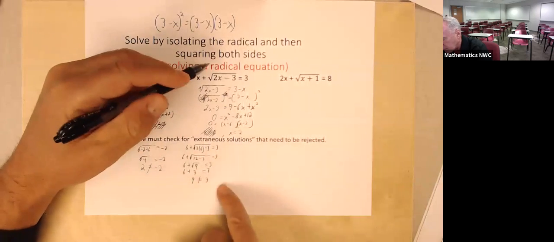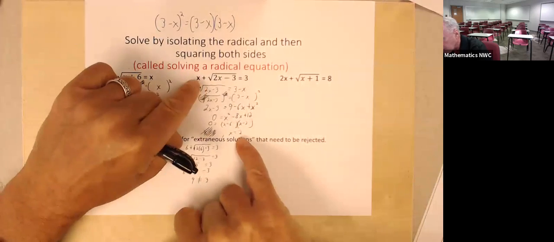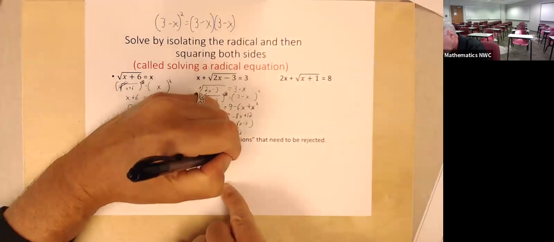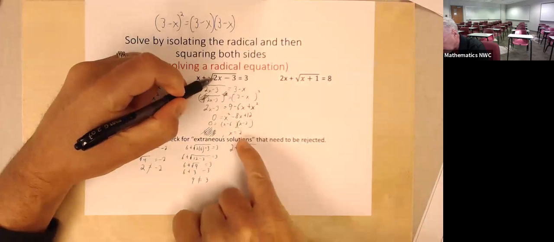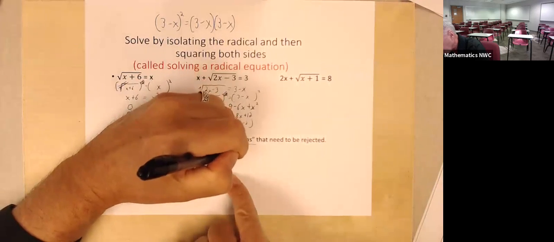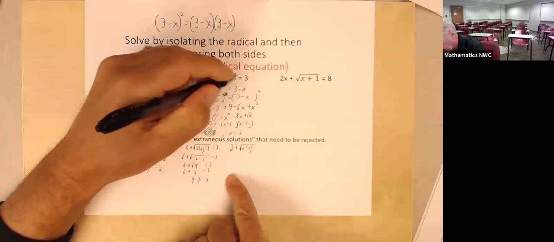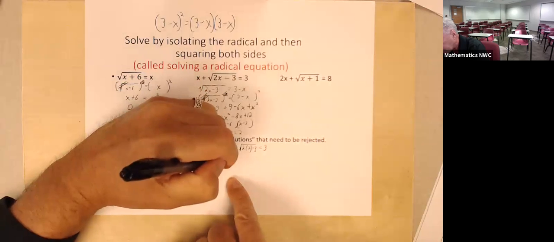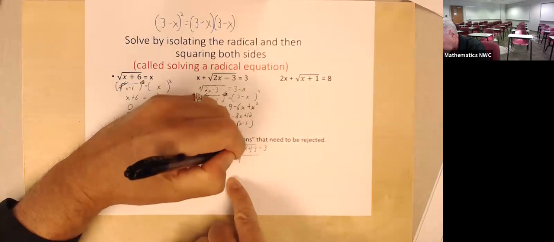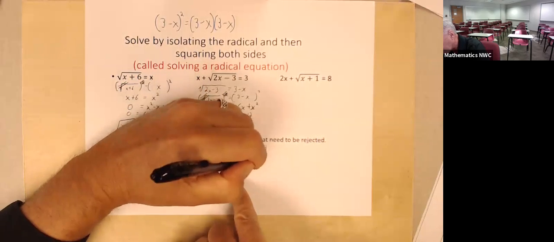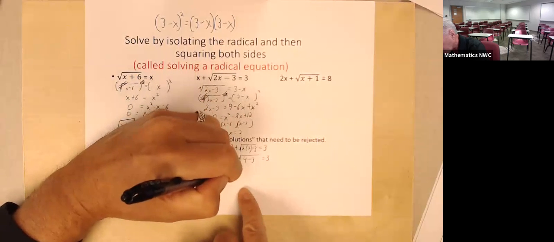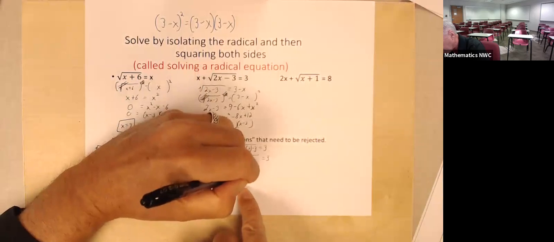Check out the 2. X is 2, so I got a 2 right there. Square root of 2 times 2 minus 3 equals 3. This gives me the square root of 4 minus 3. 4 minus 3 is radical 1.